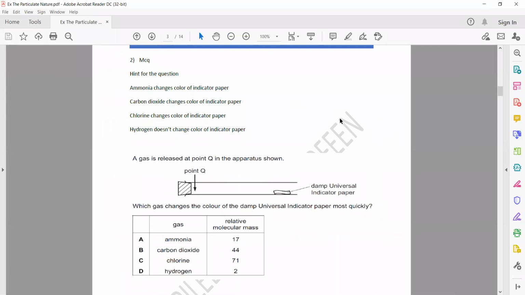Question 2. So in question 2, the hint for the question is given that ammonia can change the color of indicator paper, carbon dioxide can change it, chlorine can change it, but hydrogen does not change the color of indicator paper.